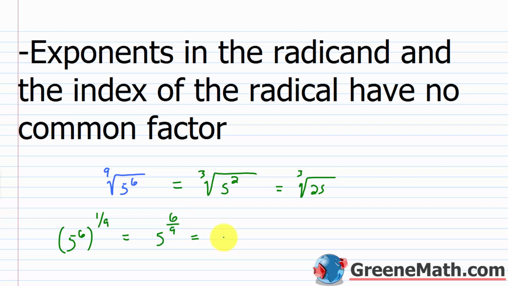Divide 9 by 3, you get 3. So this ends up being 5 raised to the 2/3 power, which again is just the cube root of 5 squared, which is the cube root of 25, okay? It's just simpler to divide here than to go through all this with the exponential form. But if it's something you struggle with, something you can't mentally comprehend yet, then go ahead and take the time, convert it to exponential form, and then you'll be good to go.